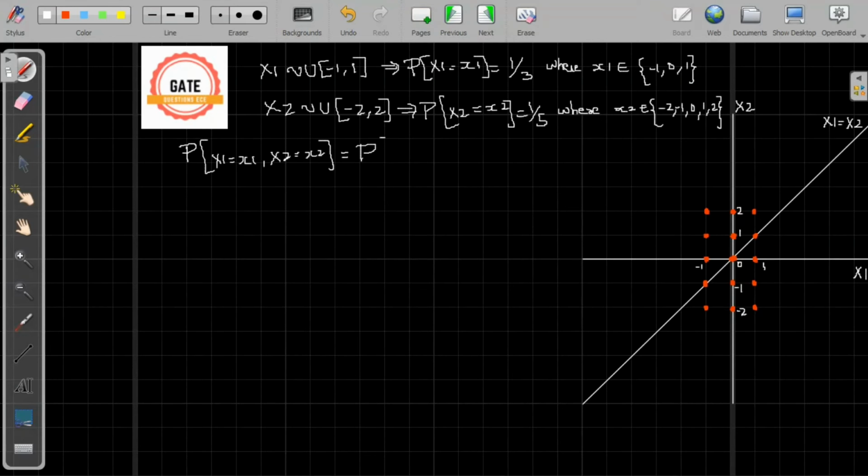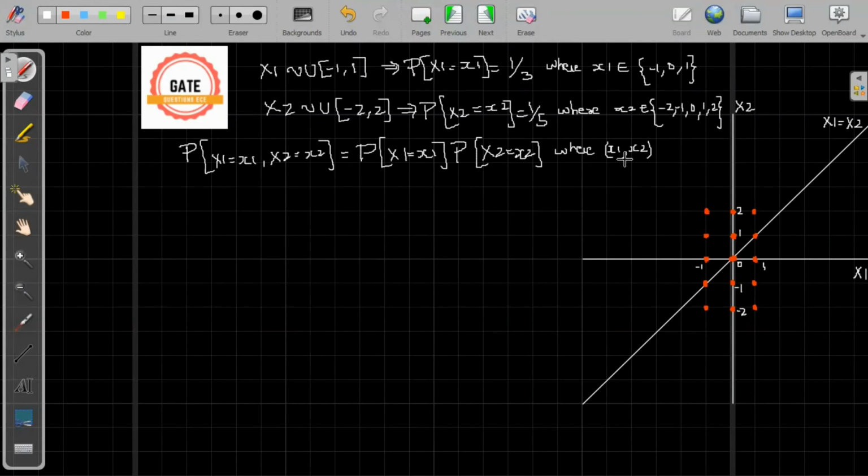So it will be the probability x1 equals small x1 times the probability x2 equals small x2, where the ordered pair x1 comma x2 is obtained by the Cartesian product of these two sets.